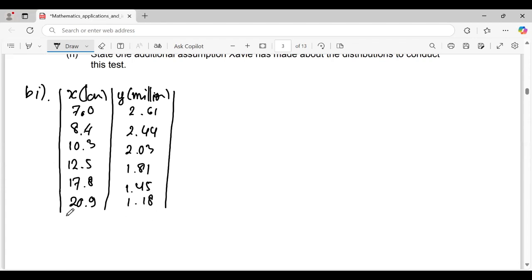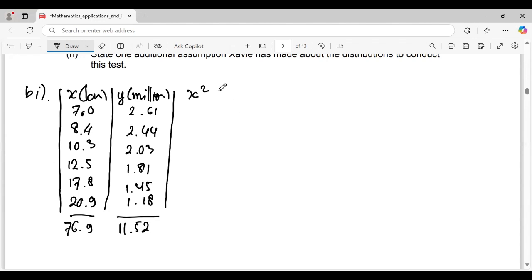But we are going to calculate sigma of this data: sigma x is 76.9, and sigma y is 11.52.